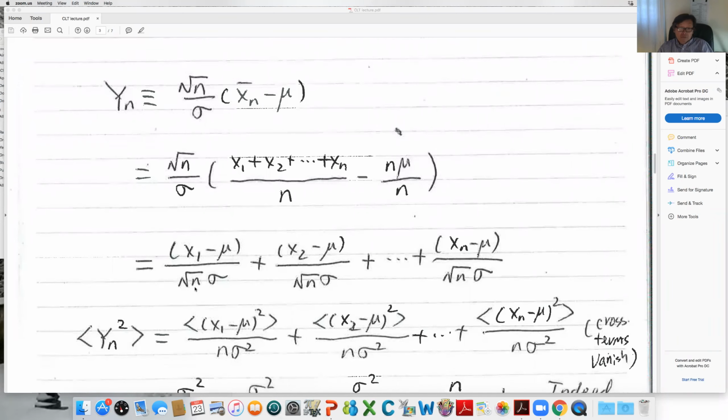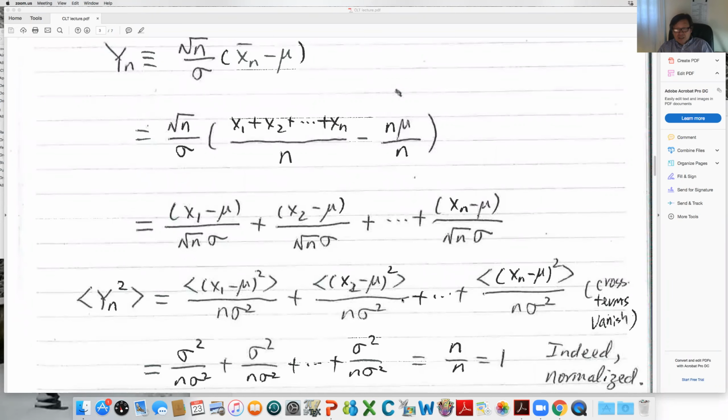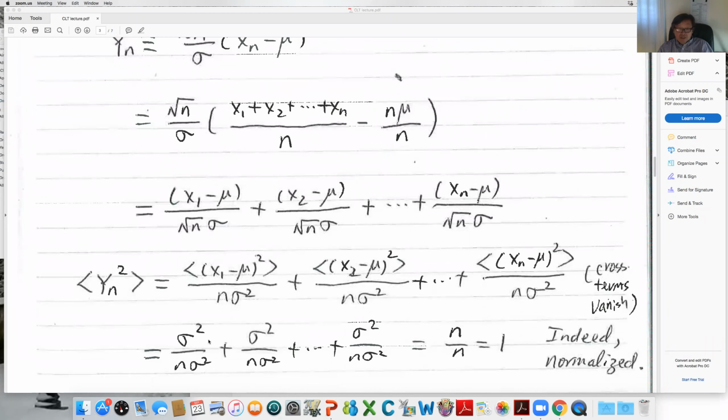Then we notice that if I square this guy, I'm going to have the same trick: a bunch of square terms plus cross terms. But because I take an average, I'm going to average out the cross terms, okay? And what you find is that this average is just equal to 1.